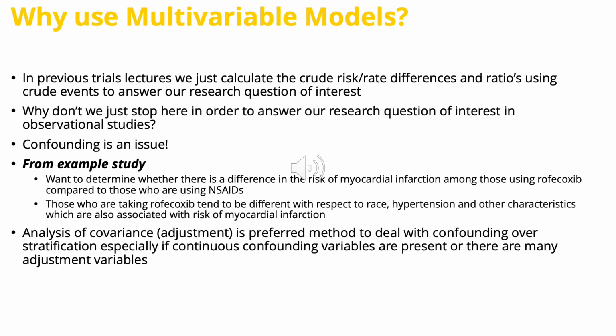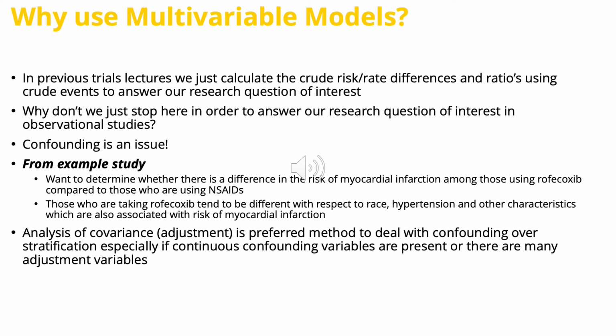In our previous lectures on clinical trials, we just calculated the crude risk and rate differences and ratios using the crude events in order to answer a research question of interest as to whether or not a new medication was associated with an increased risk of an adverse event compared to a control medication.